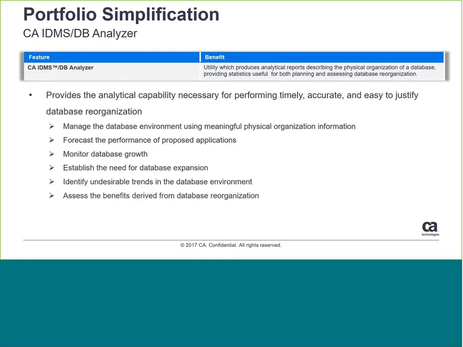Okay. Now we have a set of analyzer tools, and you'll see a pattern here. I think we've got 4 or 5 different types of analyzers that can be used to really improve your operations and monitor your environment. DB Analyzer is a tool that can be used to look at the physical organization of the database and look at statistics. It provides a complete set of reports. It's a slightly different take than the IDMS DBAN utility you may be familiar with.